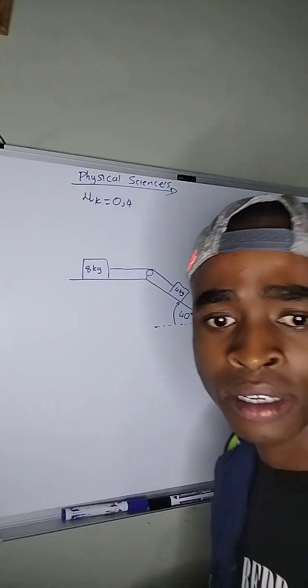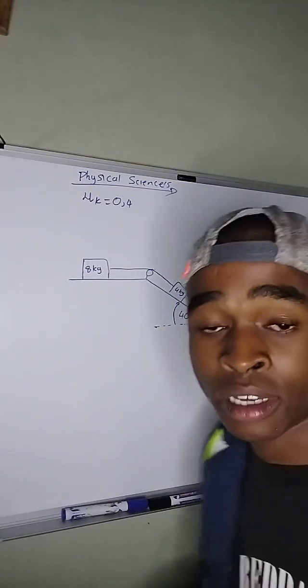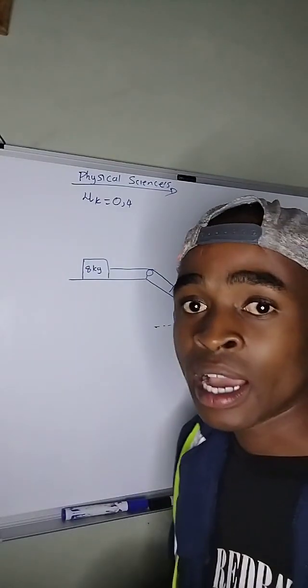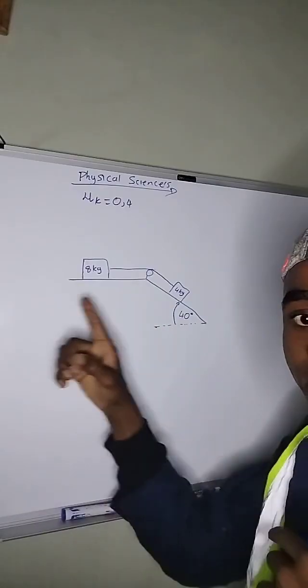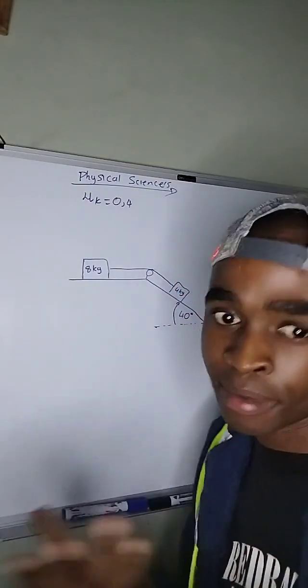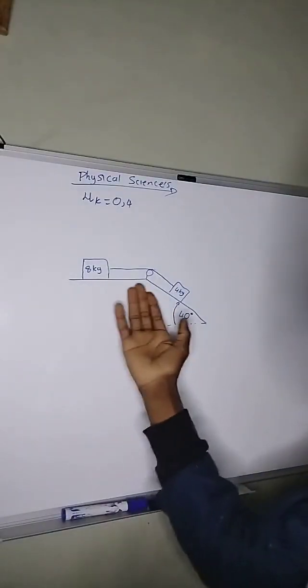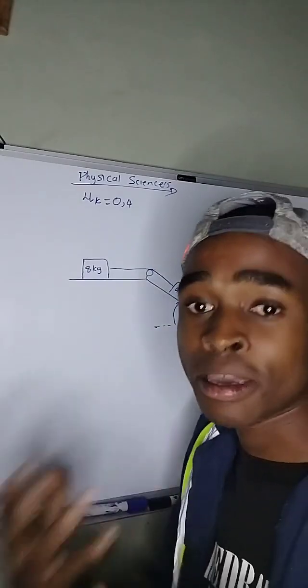But they don't share the same surface. The UK is the same. It's the question. It's not me. The question says for both blocks, so maybe it is possible that they share the same coefficient. Maybe this part of the surface and this part of the surface are from the same metal.